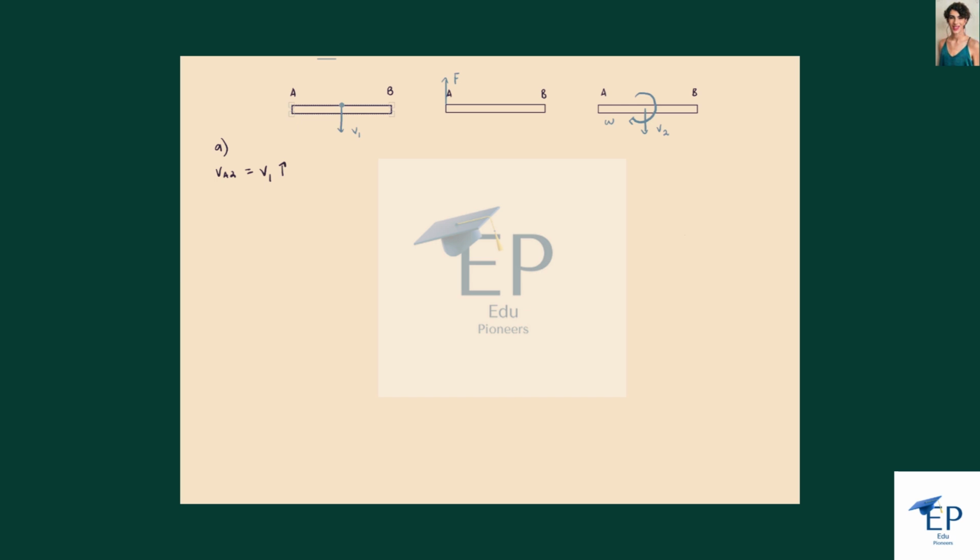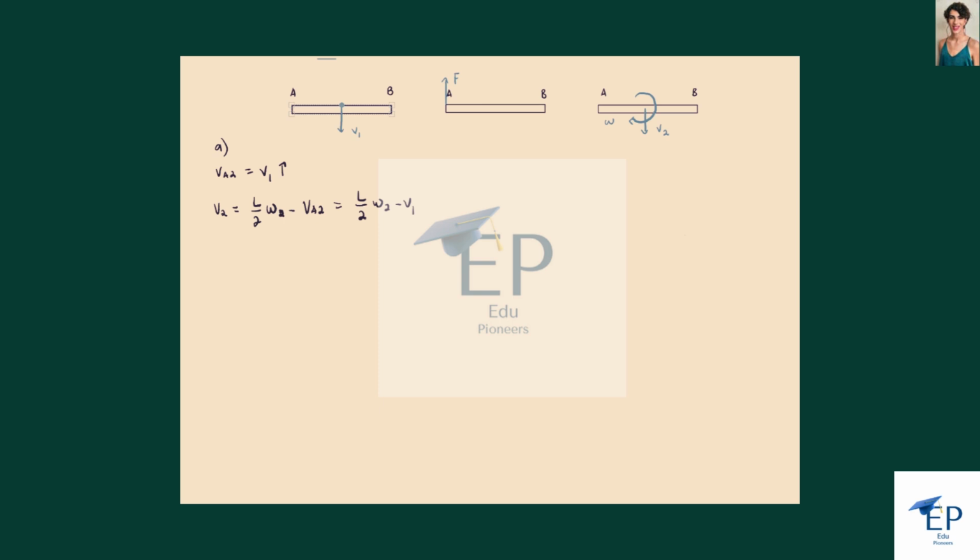Since the center of the rod is at a distance L over 2 away, and because v2 is in the opposite direction of vA2, the equation for v2 would be: v2 equals L over 2 omega 2 minus vA2. So this would be equal to L over 2 omega 2 minus v1.